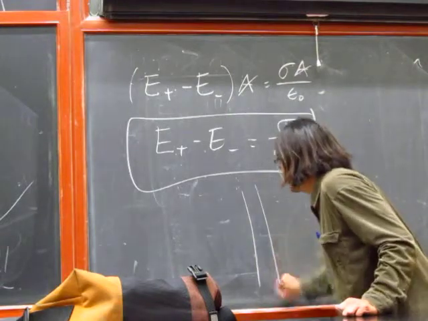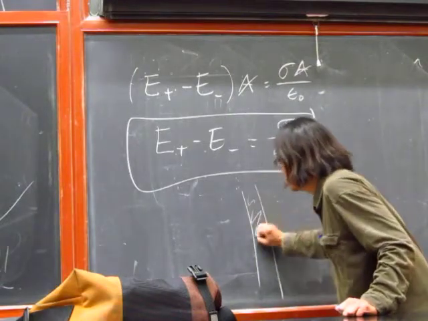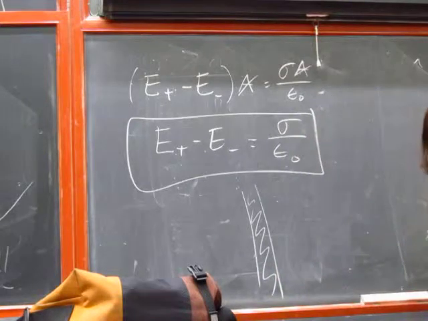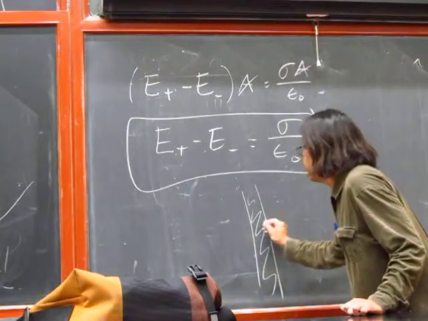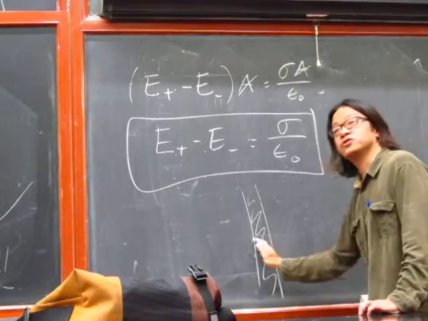If I have something like this, and there's some kind of distribution, maybe I don't want to worry so much about the distribution here.